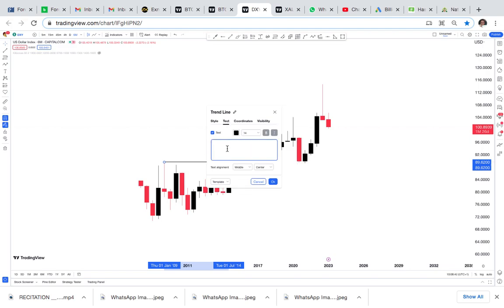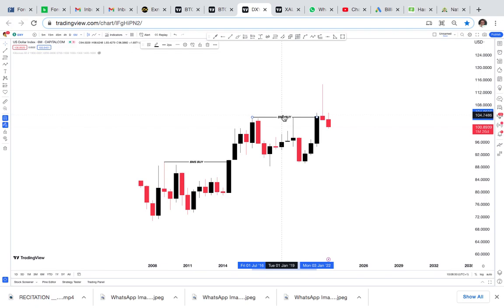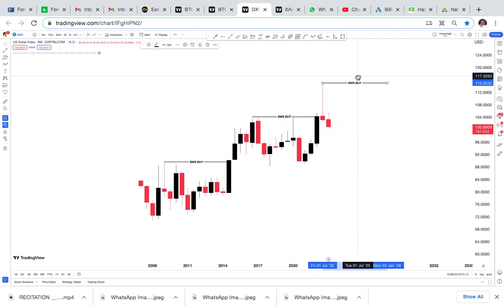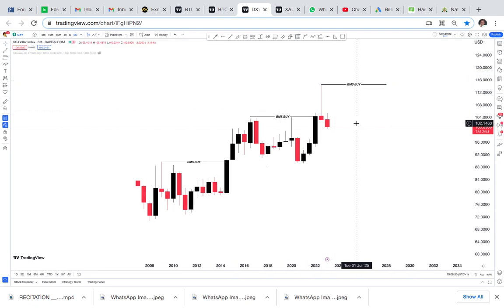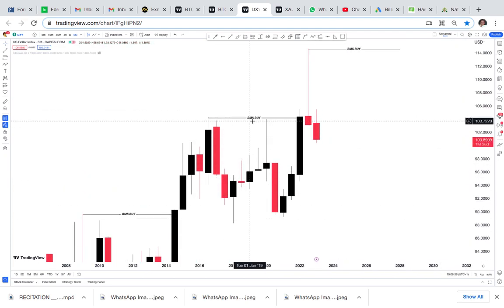Here I have an EXNESS buy. So I can duplicate this here, and I can still also duplicate this here. So let me zoom in.